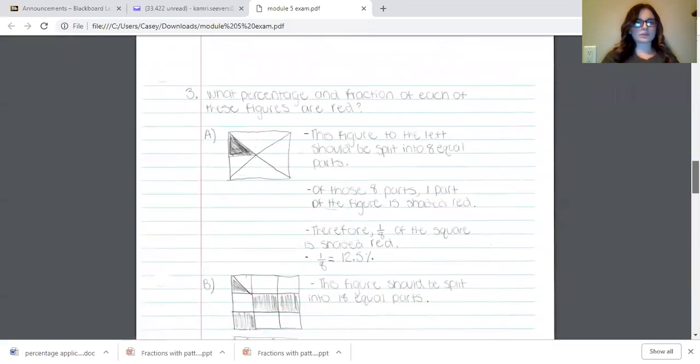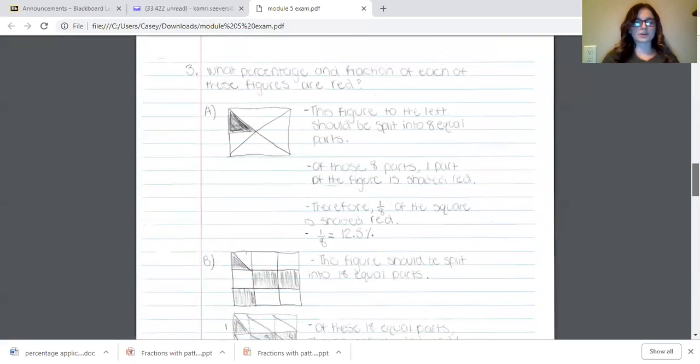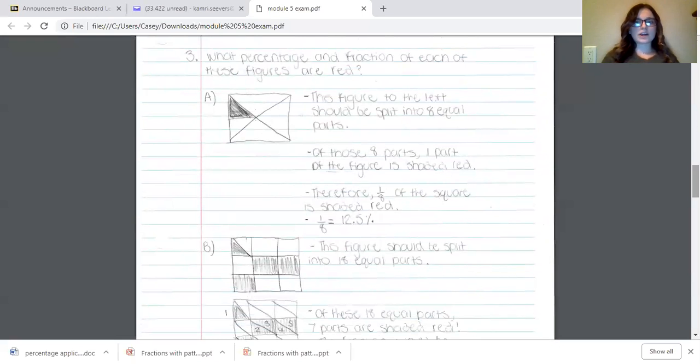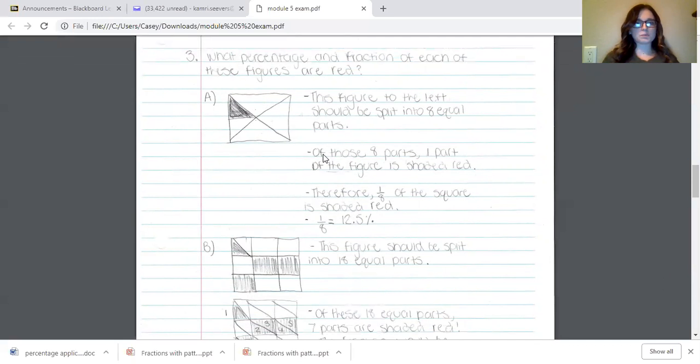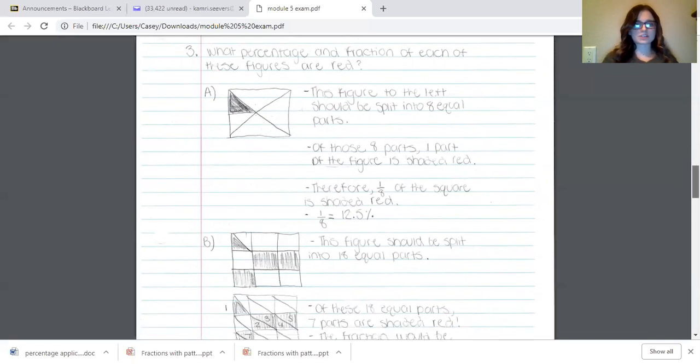So for number 3, we're supposed to figure out what percentage and fraction of each of these figures are shaded red. So this figure to the left should be split into 8 equal parts. Of those 8 equal parts, one part of the figure is shaded red, as you can see right here. Therefore, 1/8 of the square is shaded red, and 1/8 is equal to 12.5%.